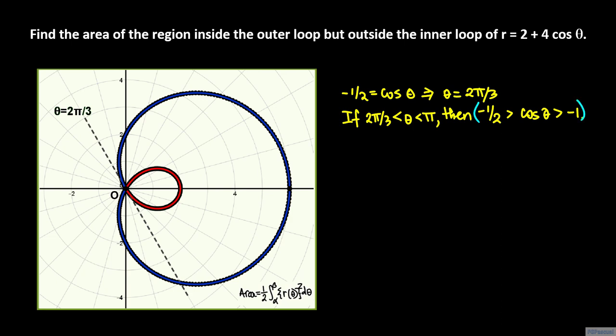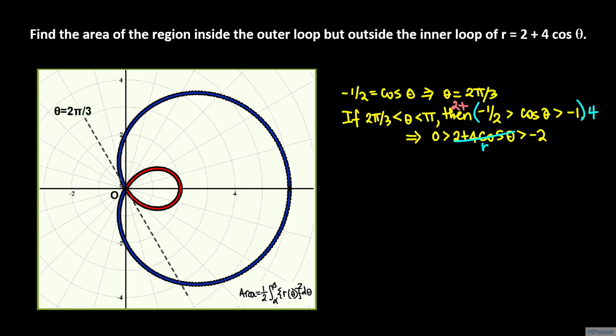We multiply this entire inequality by 4 and then add 2 to each component. So we have 0 is greater than 2 plus 4 cosine theta, which is greater than minus 2. So that r is negative when theta is greater than 2 pi over 3 but less than pi.